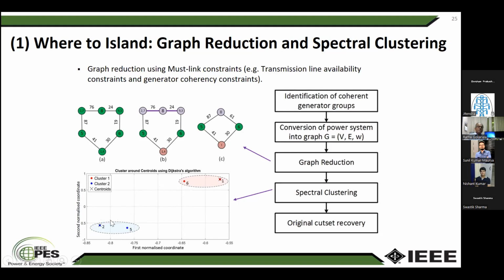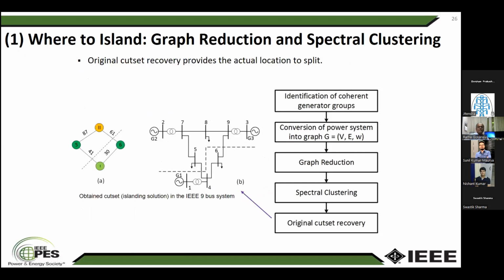This is 2 and 5 together, and 1 and 6, they form the other group. So where we are going to separate is through these portions of the line, 61 and 41. So 61 and 41, this is the place where we'll do the out of step tripping.